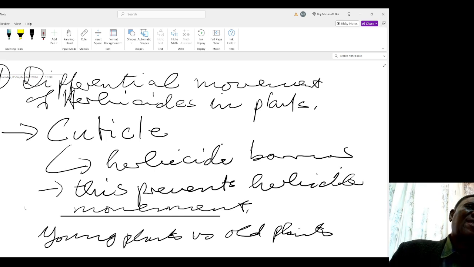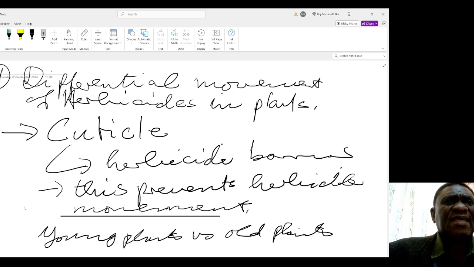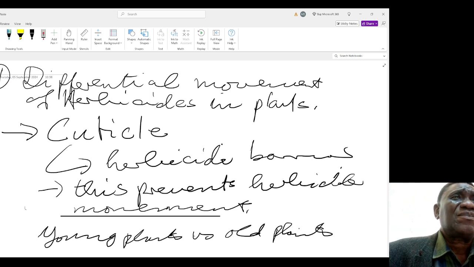So the herbicides, now let's suppose the herbicide has now entered the plant system. What is going to happen?